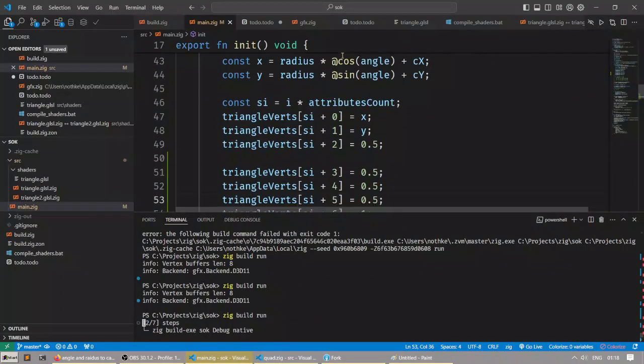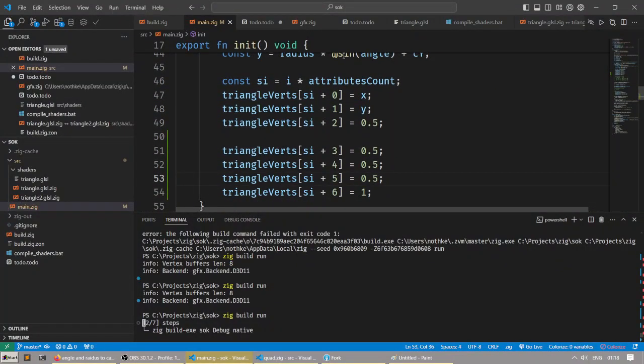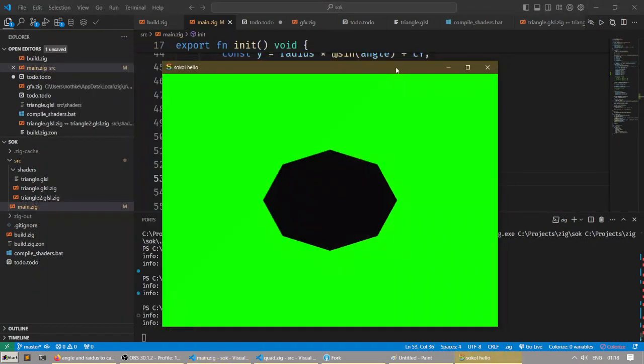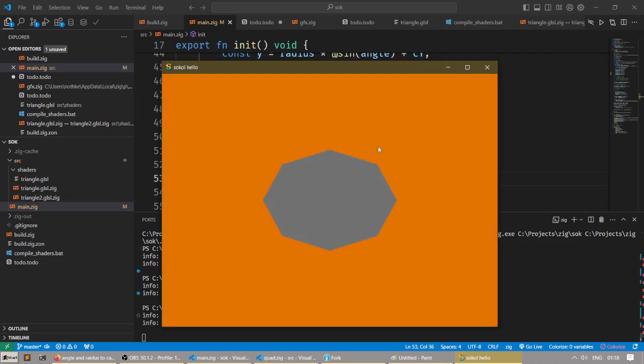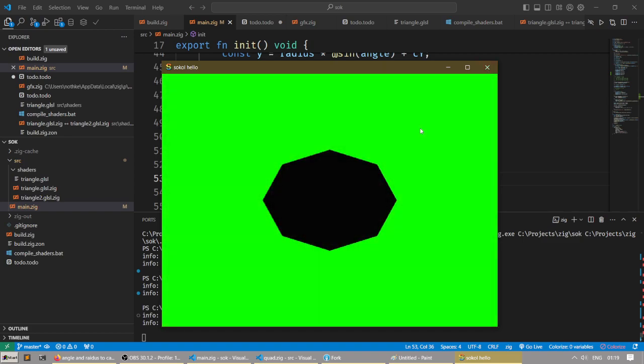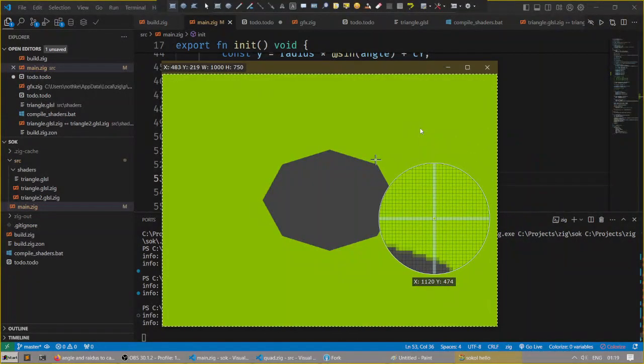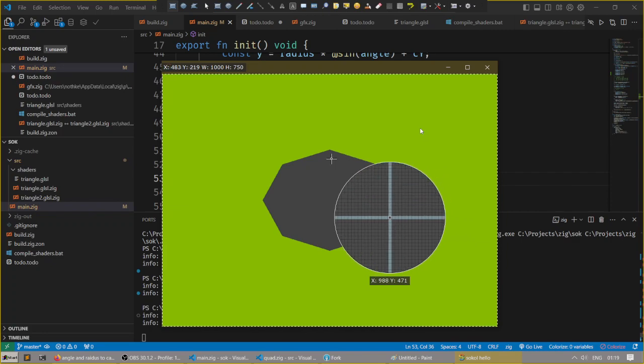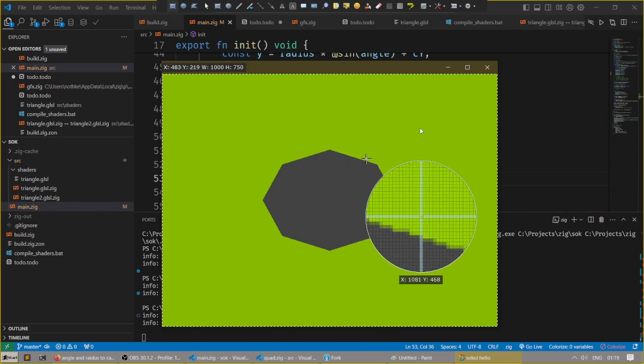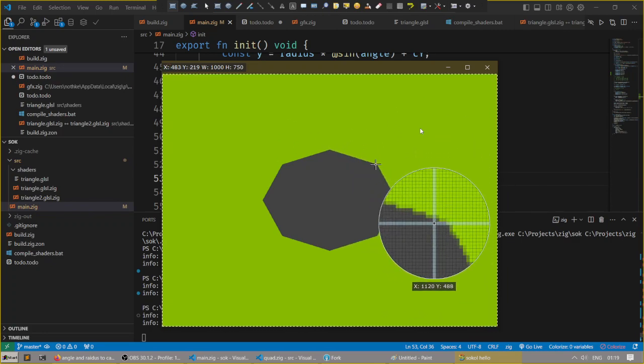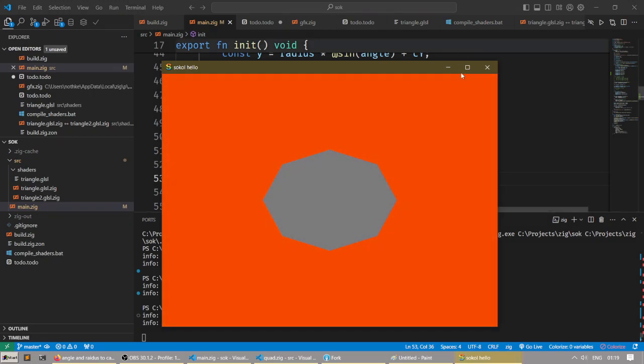So this should be gray now, sort of. Hopefully, yes, it is gray. Oh, and it's even going away and in. Does it have anti-aliasing? Oh my god, it has anti-aliasing by default, I guess. Sokol. Okay. Not bad.